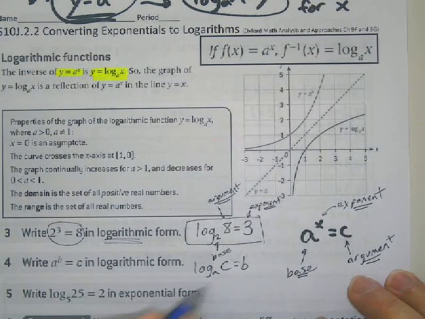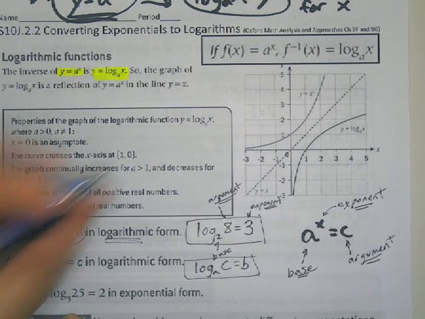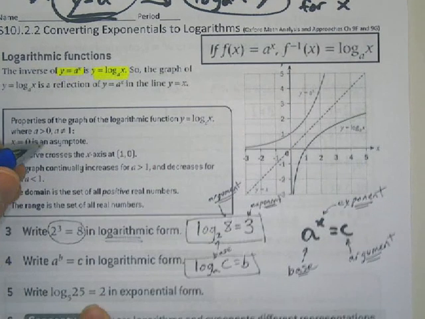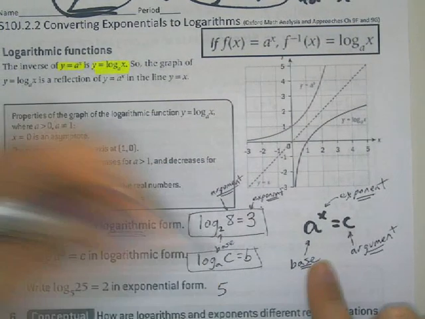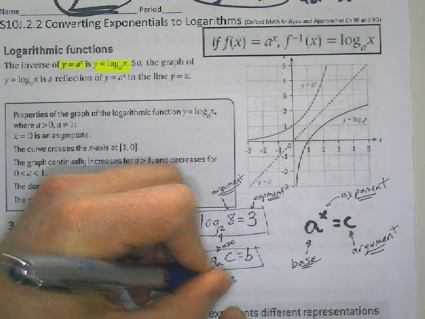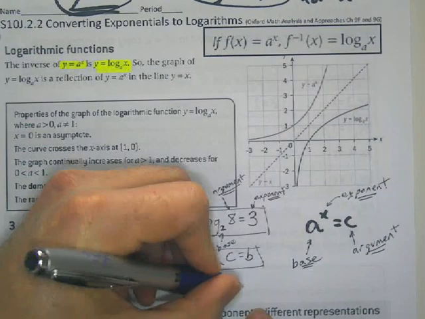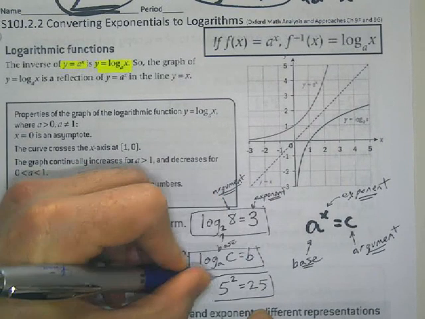And here, now we're going to write it in exponential form. So my base here is the 5. The exponent is 2. And my argument is 25. Okay.